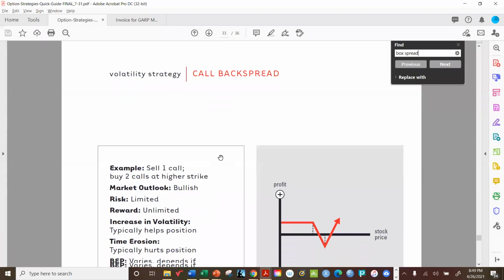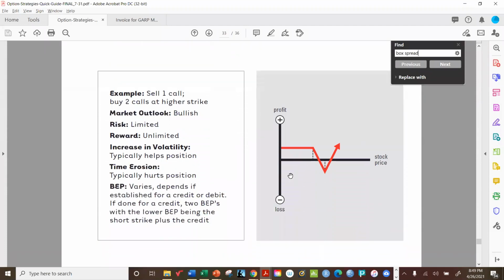And you'll see some of these are really kind of shocking, like this one. You sell a call and you buy 2 calls at a higher strike, and look what ends up happening. So it's basically a bear spread where you've bought 2 instead of 1 call at the higher strike.